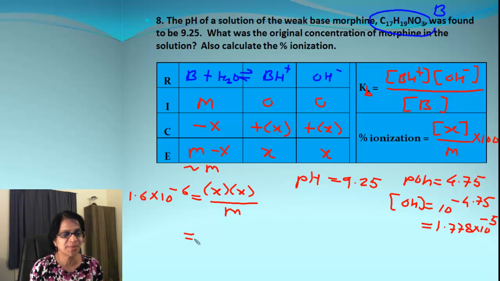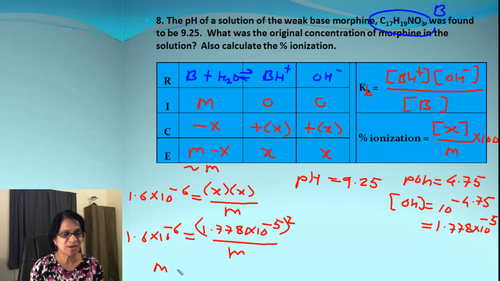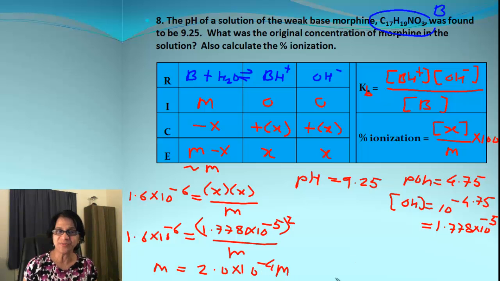So let's go ahead and plug that value over here. So what's the value of M we are getting finally? 2.0 times 10 to the negative 4 as the molarity for the base.